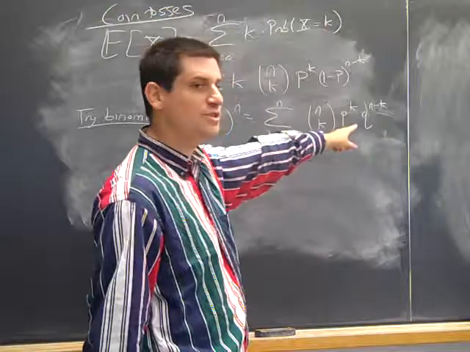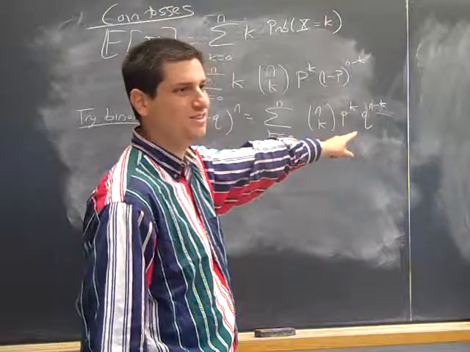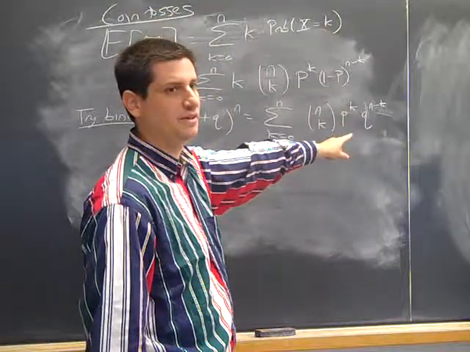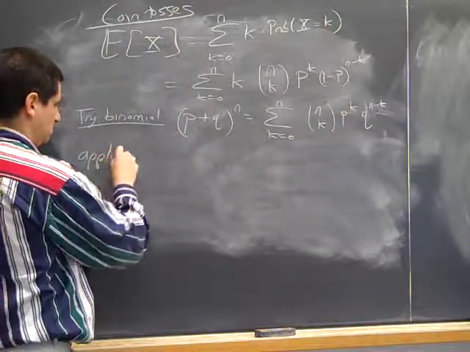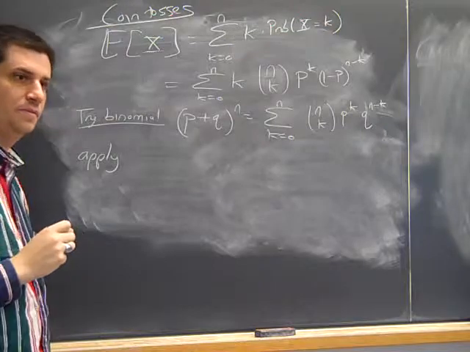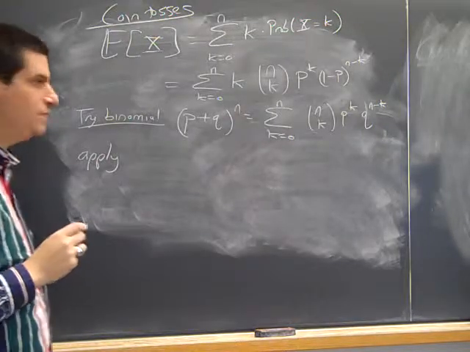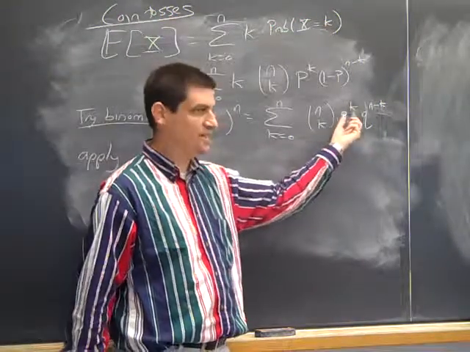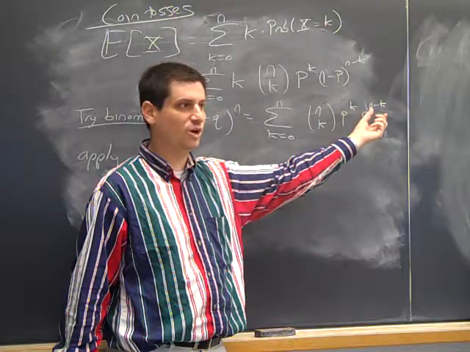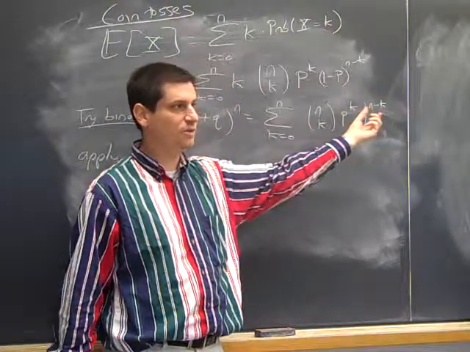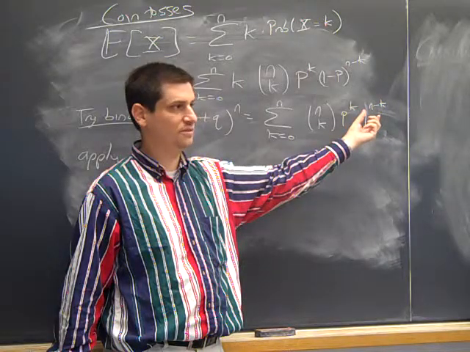Do I want to differentiate with respect to p, or do I want to do something a little bit close to that, but not quite that? What should I apply? If I differentiate with respect to p, I'll get k p to the k minus 1. Is that what I want? What do I want to also multiply by?